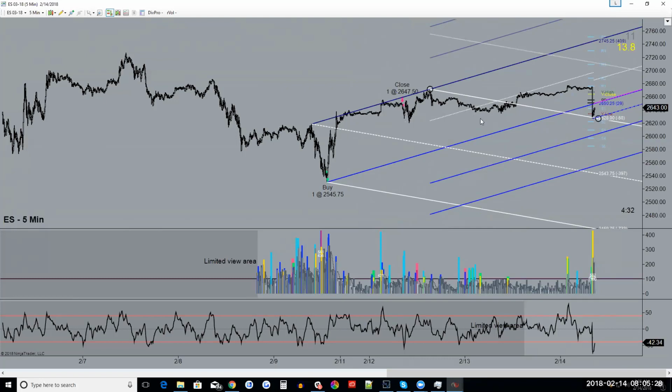It broke out of that downsloping upper median line and then it's pulled back to it, but I don't know. I see that occasionally.